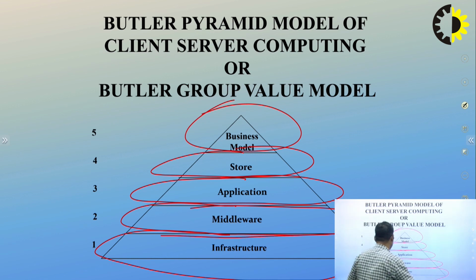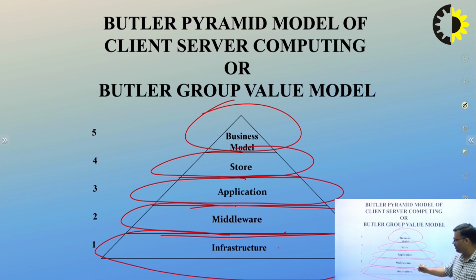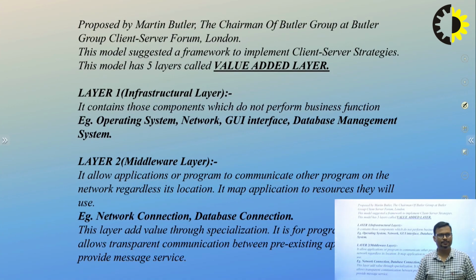So the largest size is the infrastructure. Infrastructure also uses the middleware. Middleware also uses the application, and the application is also used to store, and the store is developed on behalf of the business model. This is also called the Butler group value model.